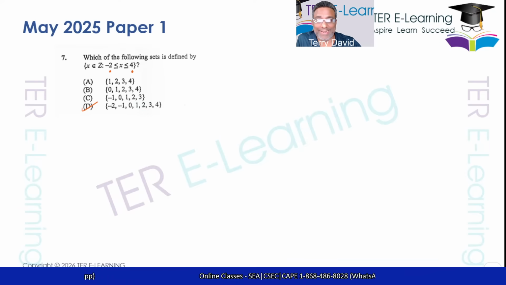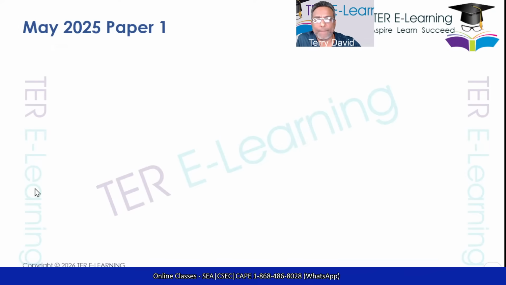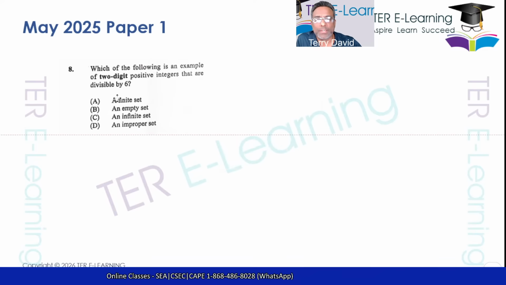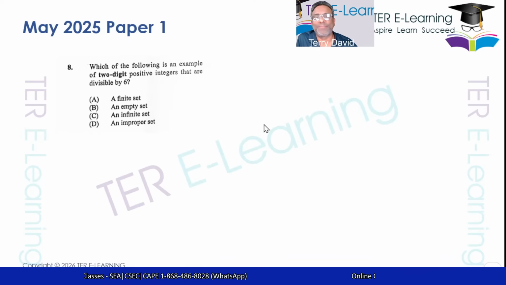Question 8 now. So the question has changed now. Which of the following is an example of a 2-digit positive integers that are divisible by 6?